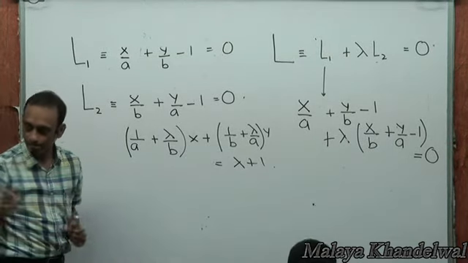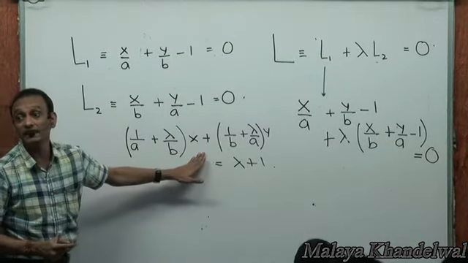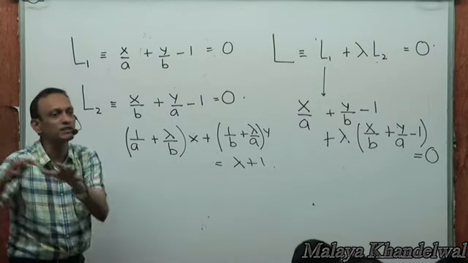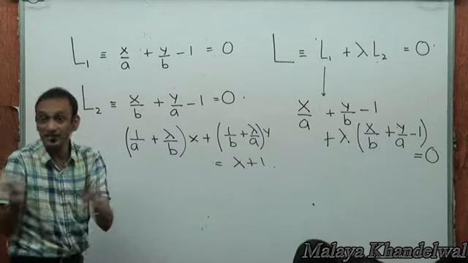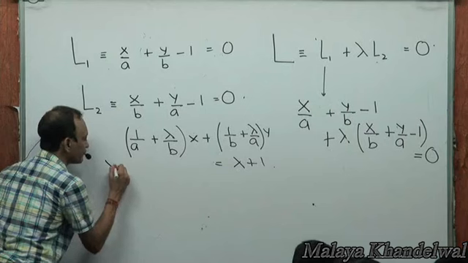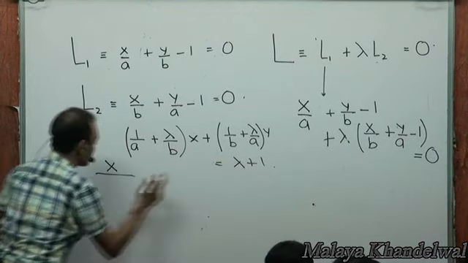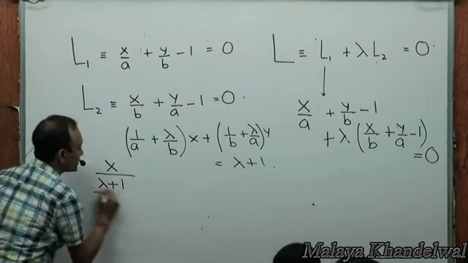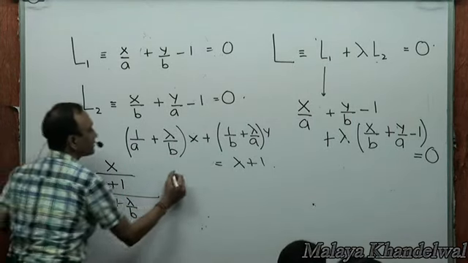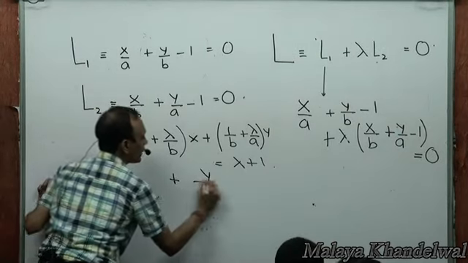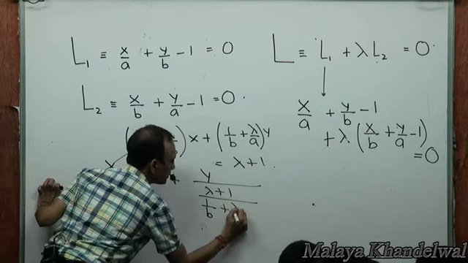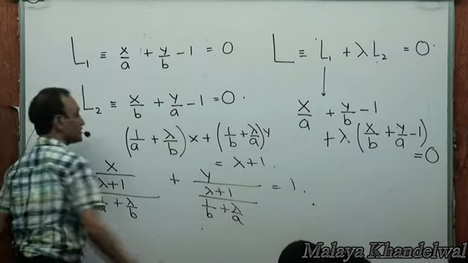Right? Clear? Now, a and b are the x and y intercepts of this line. So let me write this line in the form x/something + y/something = 1, so that I have the x and y intercepts readily available. Yes or no? So I divide by λ + 1: x/((λ+1)/(1/a + λ/b)) + y/((λ+1)/(1/b + λ/a)) = 1.